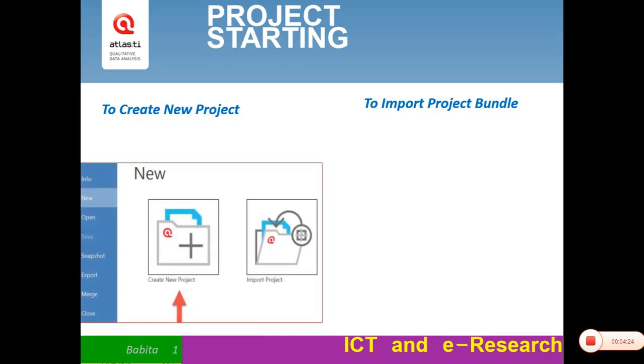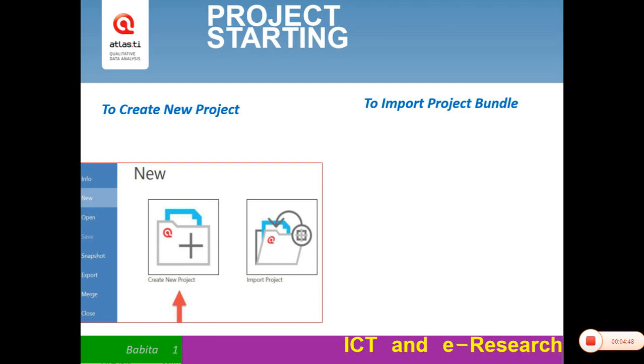So for that, first of all, we should open the Atlas TI. Then on the screen, it will appear asking create new project or import project. If we have already the document or project, we can choose it to import the varieties of data from the text to image.